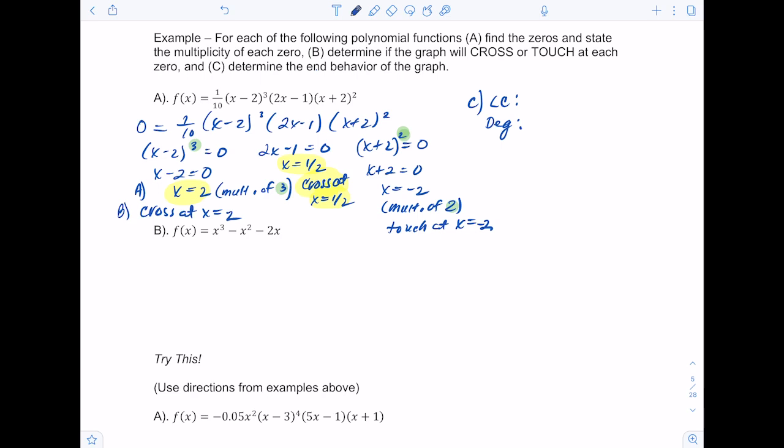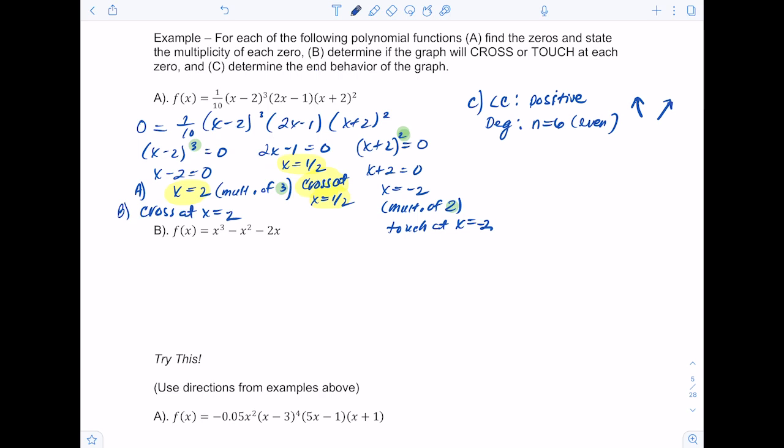So my degree is 6, which is even, and my lead coefficient here is positive, right? We said positive 2/10. So when it is positive and even, remember that it's going to point upwards on both sides. So think of x squared, right? It's positive and even, and it's a parabola that's concave up, so it's pointing up.